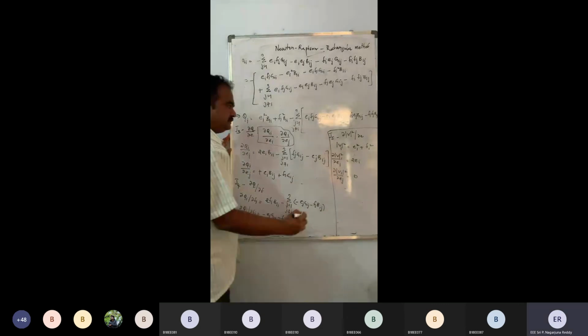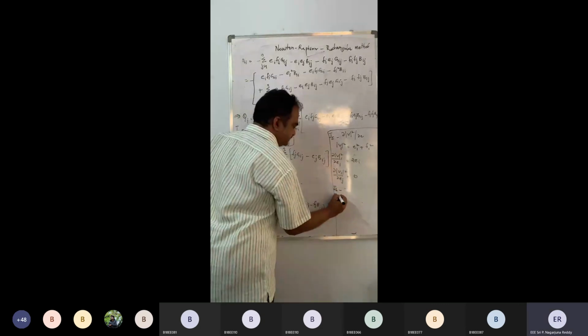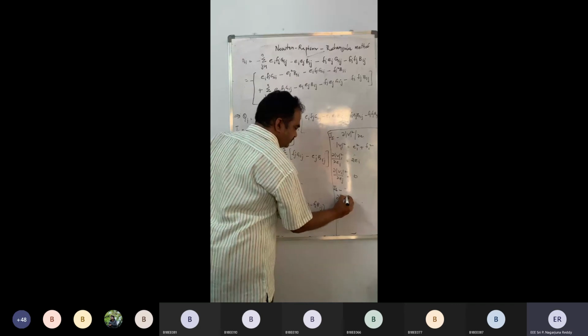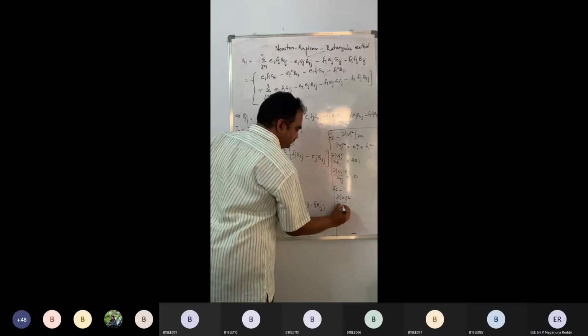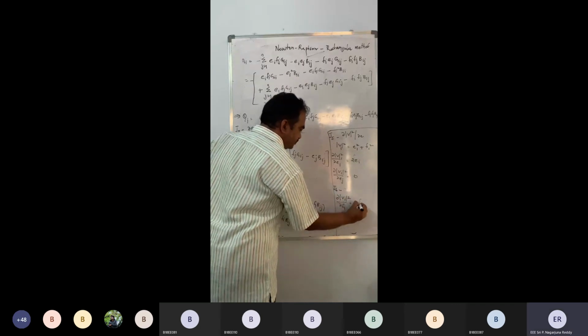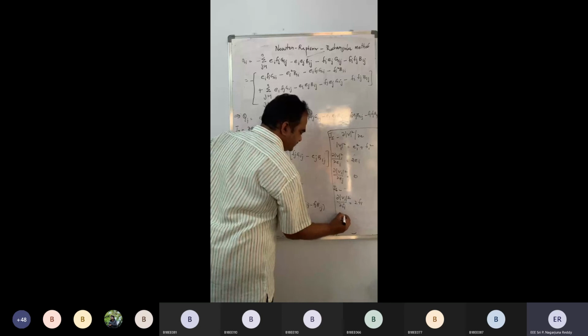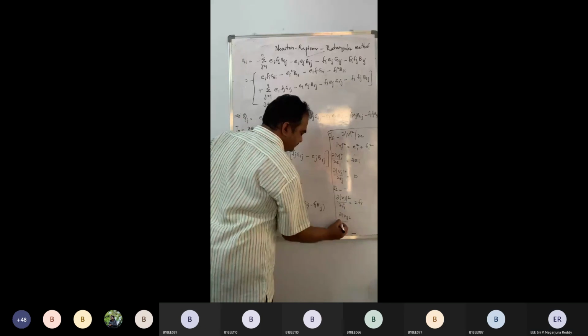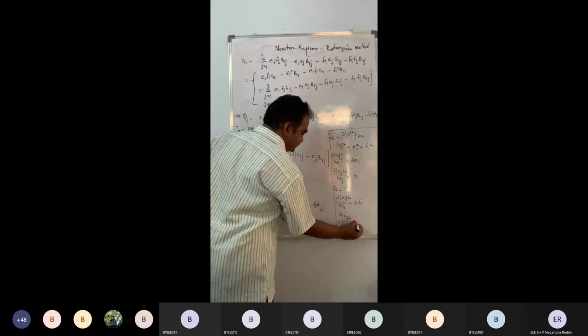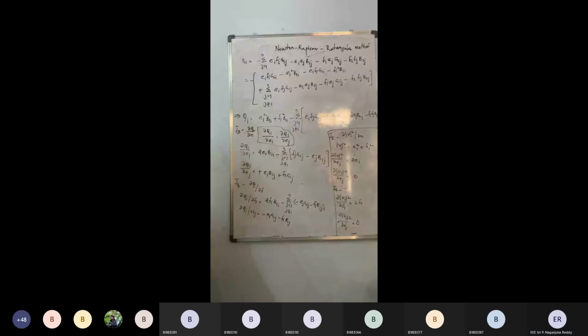Similarly, J6, dou Vi square by dou Fi, will become 2Fi, and the other will become 0. So these are the submatrices of the Jacobian matrix of the rectangular method.